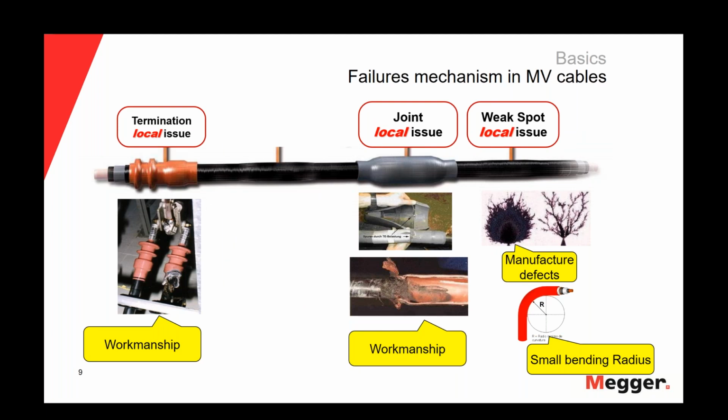Talking of the failure mechanisms in medium voltage cables, we should distinguish between local issues and global problems. A local issue is a problem that is limited to one portion, one segment of my cable. It's not spread along the whole cable.